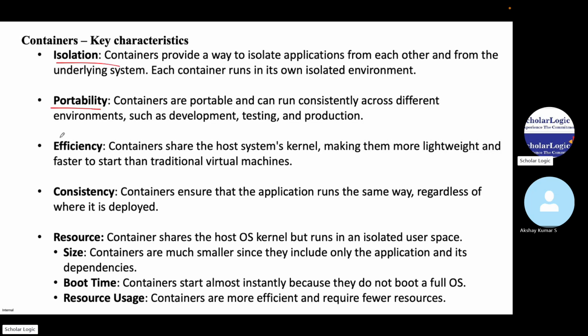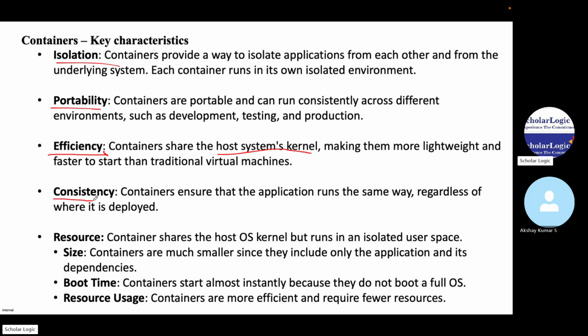We have seen isolation and portability. That means you can run the same container on different machines. Efficiency: we are just trying to use the existing kernel. We are not installing a kernel every time. The host machine's kernel is used when you are running the container.